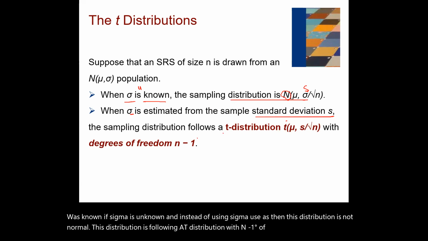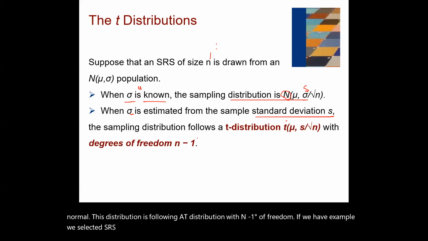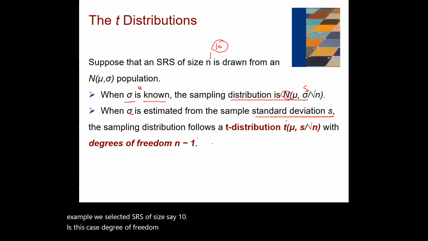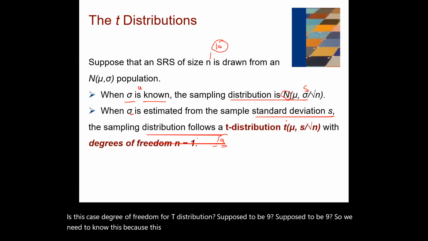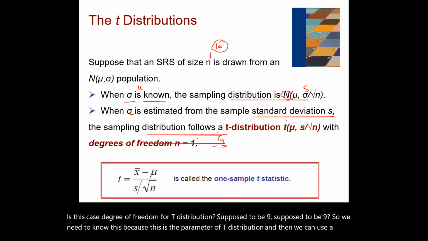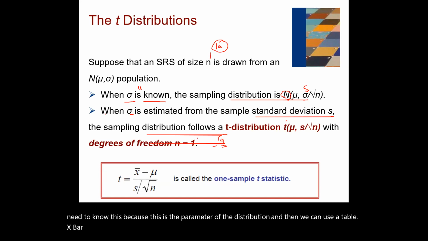For example, if we selected an SRS of size 10, the degree of freedom for the t distribution should be 9. We need to know this because it is the parameter of the t distribution, and then we can use a table. X bar minus mu over S over square root n is called the one sample t test.